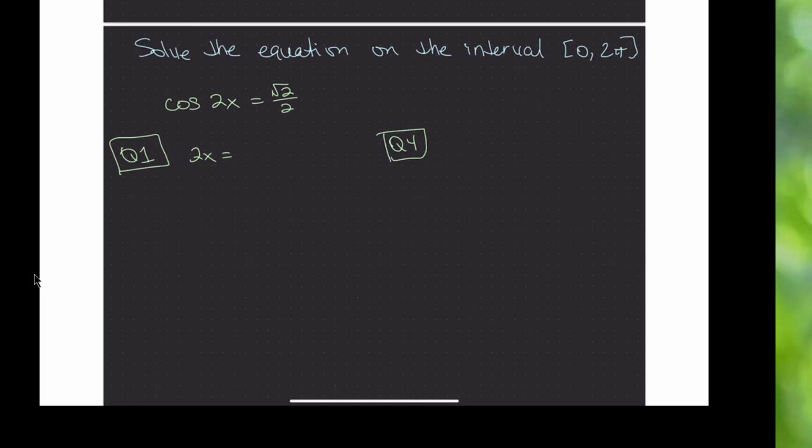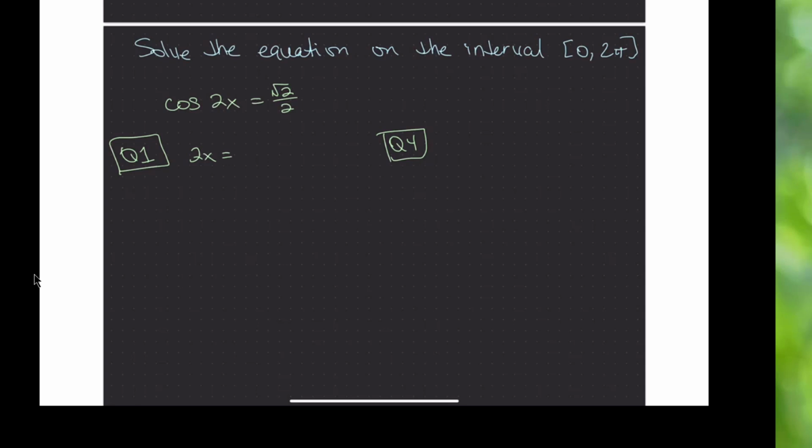And what's the radian for cosine at square root of 2 over 2? And if you have to, you can flip that into degrees to figure out your radians. Anybody?